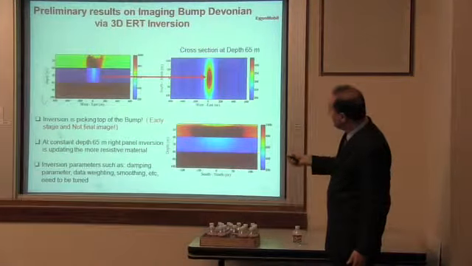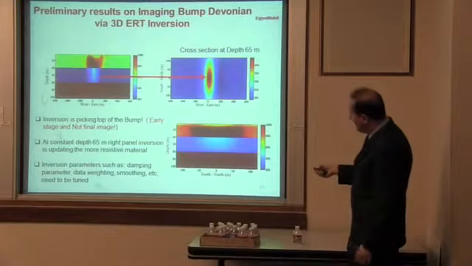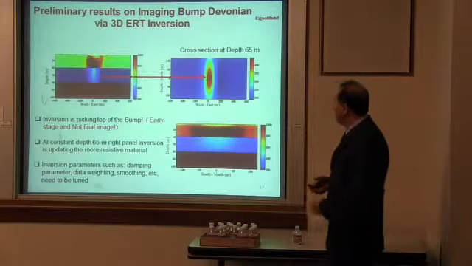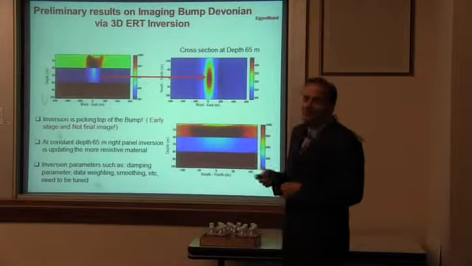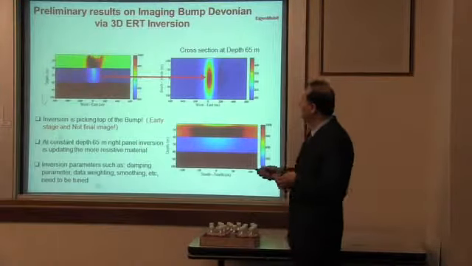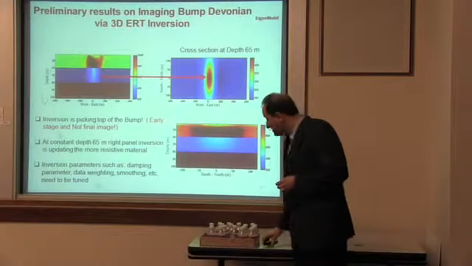I'm looking at it from the south, north, and west, east. So it's a cross-section, and this is depth, and this is south, north. The good thing about this inversion, even though they are not finalized, is that they started to pick up the structure.